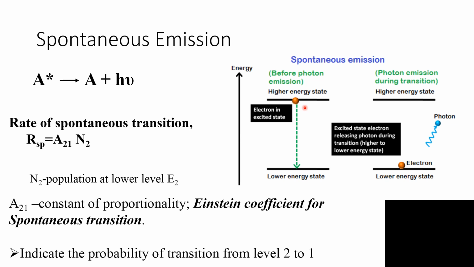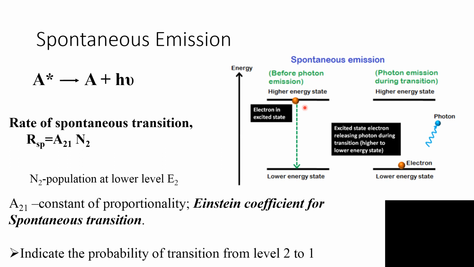This excited electron can never stay there forever, because the excited state is an unstable state. The electron will spend a little time there, and after that it has to come back to the lower energy state. This coming back depends on two processes: one is spontaneous and the other is stimulated.